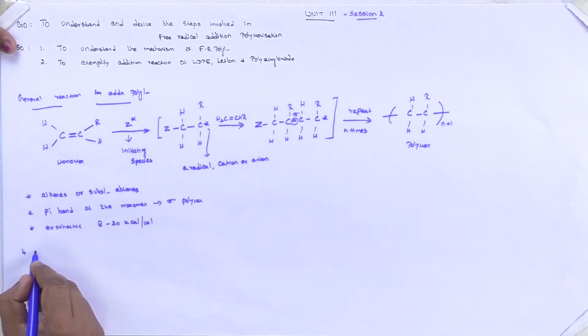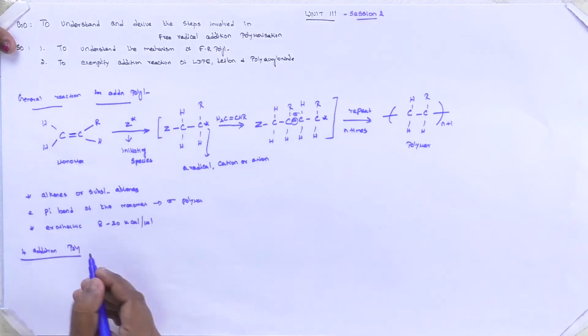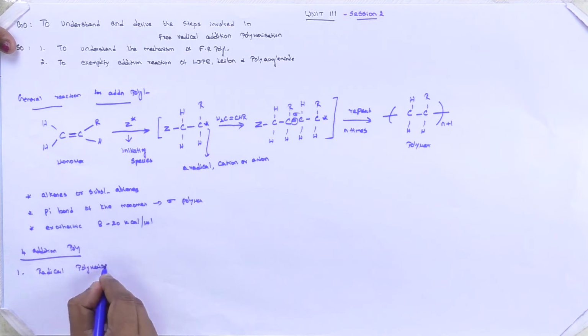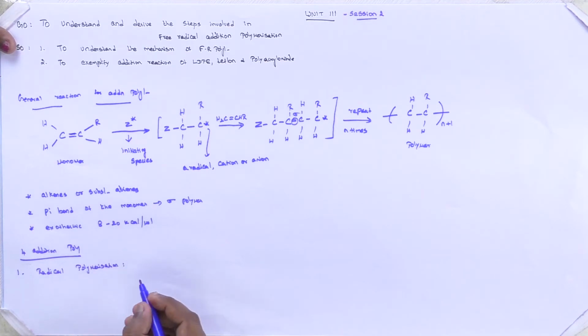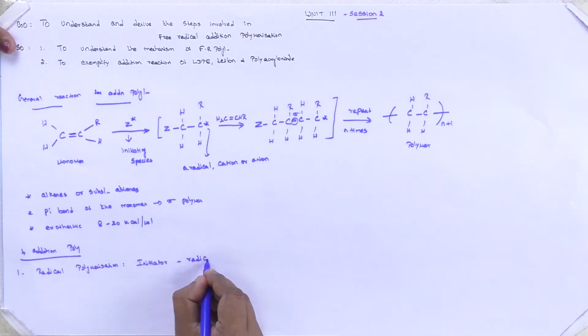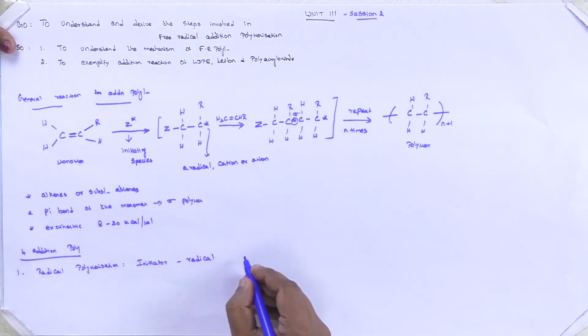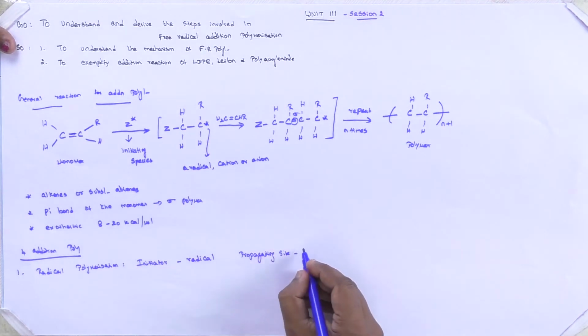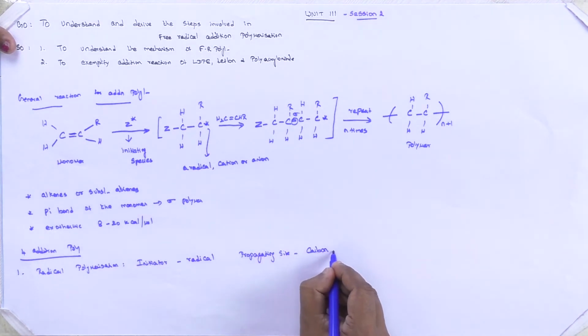There are 4 types of addition polymerization. The first type is radical polymerization, where the initiator will be a radical species and the propagating site will be a carbon radical.